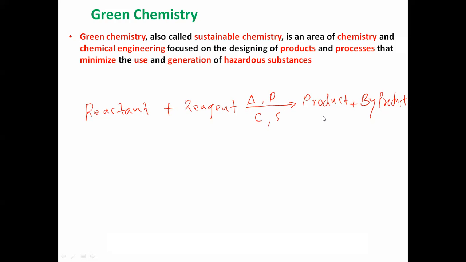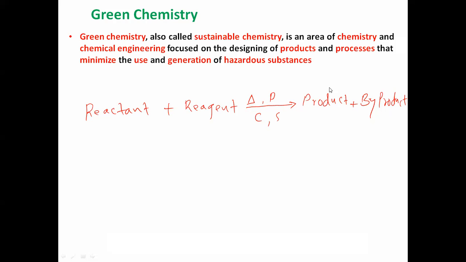And finally, we get the desired product or major product and byproduct. Okay, so you know this skeleton well. You have studied a lot of organic chemical reactions. So what I discussed last time, in the last lecture, was about this product.